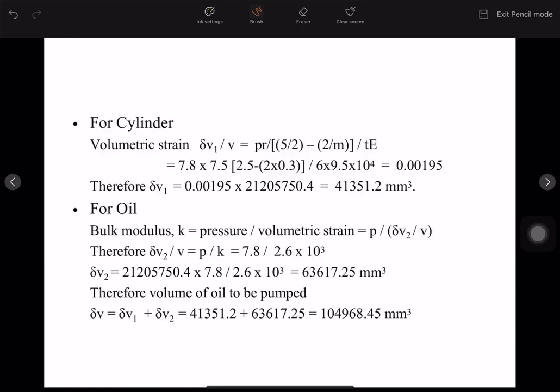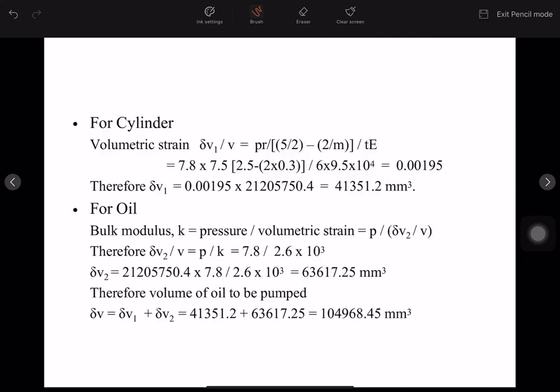As the cylinder is already full, how can we pump some more additional oil into it? Only if there is a change in the dimensions of the cylinder. So only if there is a change in volume of the cylinder, we can pump additional oil into the cylinder.